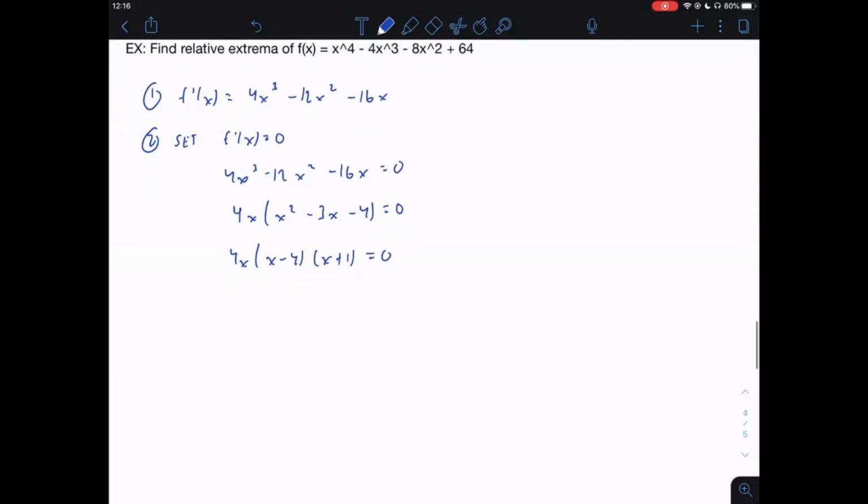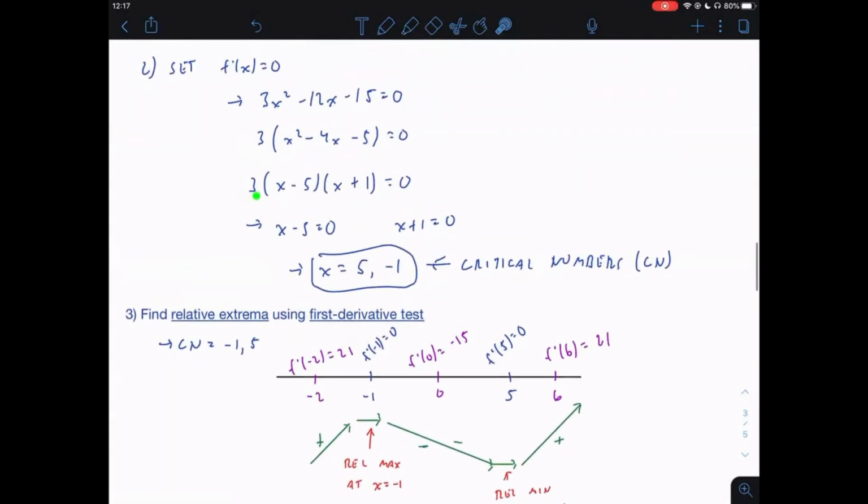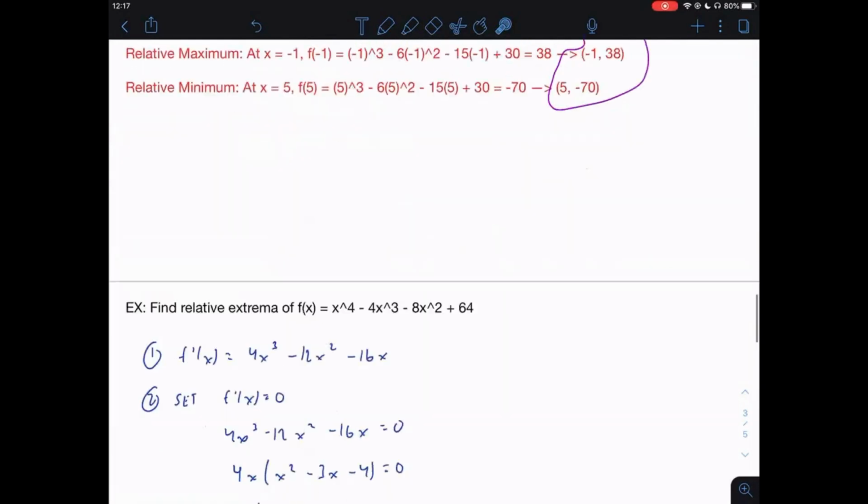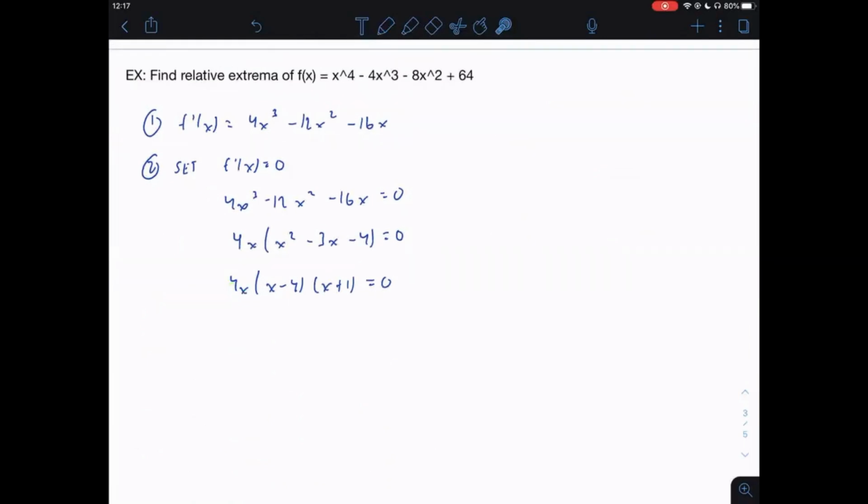And now it's time to solve for our zeros here, by once again setting each factor involving x equal to 0, which means also setting the outside here equal to 0, because we have an x attached to the 4 on the outside. In the previous example, there was no x attached to 3, so we didn't have to worry about that. But in this case, since we have an x attached to 4, we also have to set that equal to 0. So here we're gonna have 3 equations to solve for: x equal to 0, x minus 4 equal to 0, and x plus 1 equal to 0.